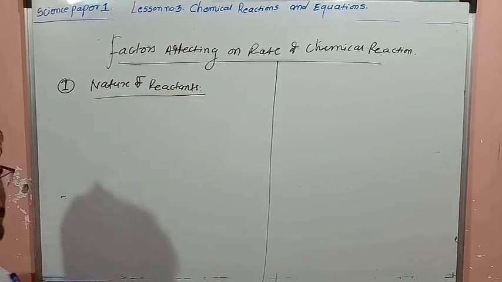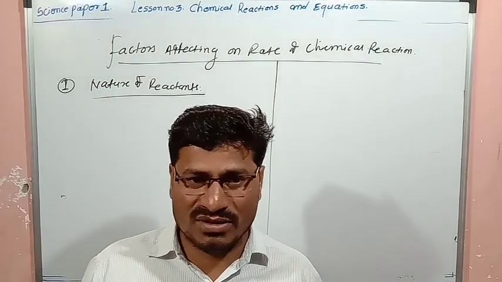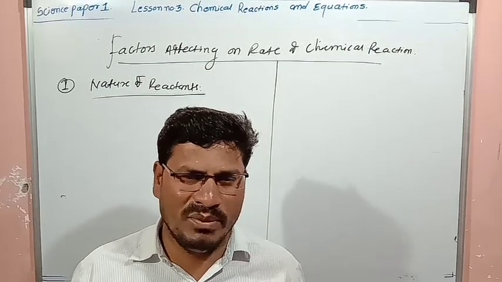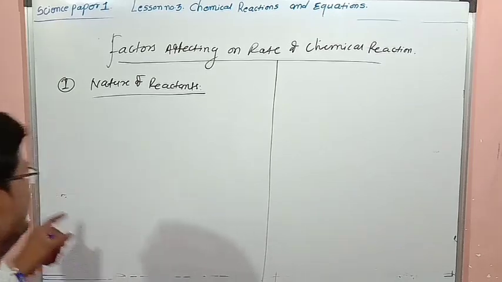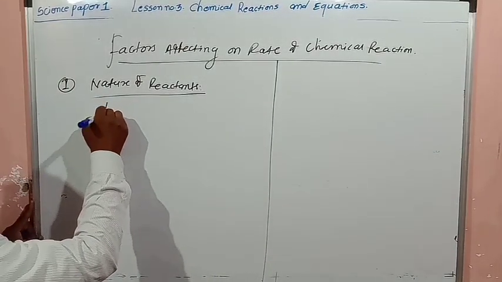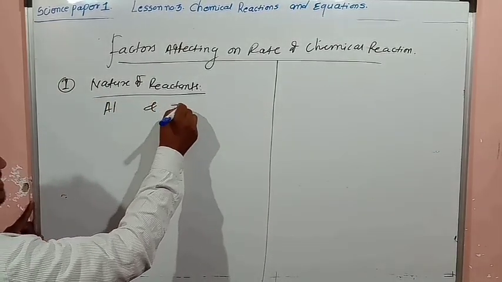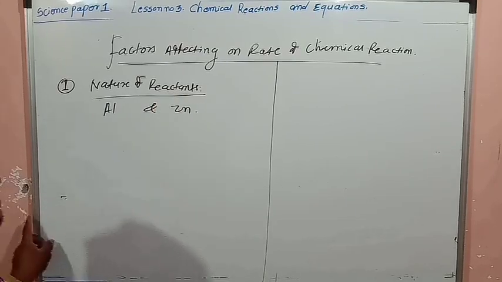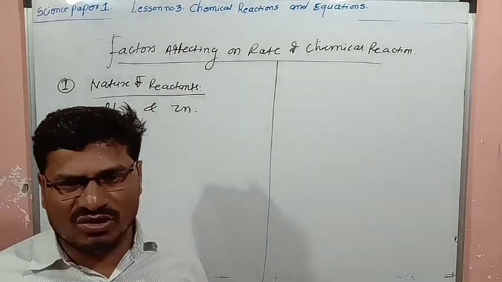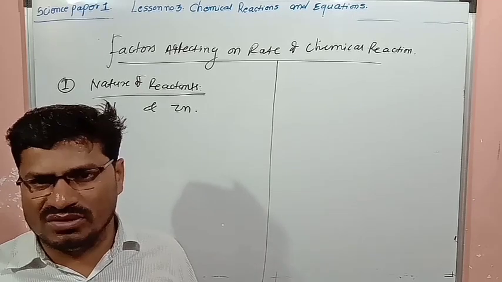In this, two metals we are going to discuss. The first metal is aluminum, and the second one is zinc. Aluminum and zinc metals are the reactants. So which reaction do you have to carry out?